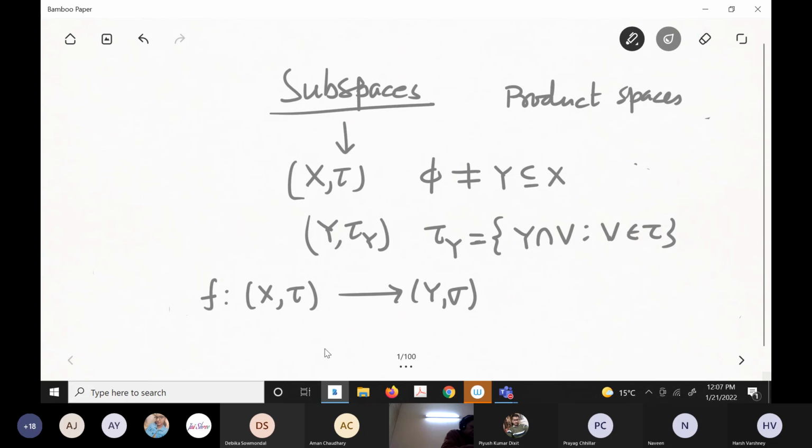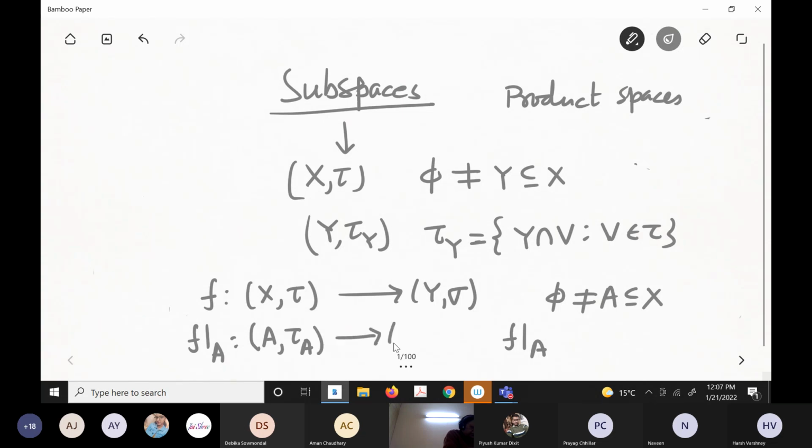Don't confuse this with this Y. A is a subset of X. So the notation f restricted to A has a clear meaning: this function restricted to A. Then you need to consider the topology tau_A, so it will be a function again.